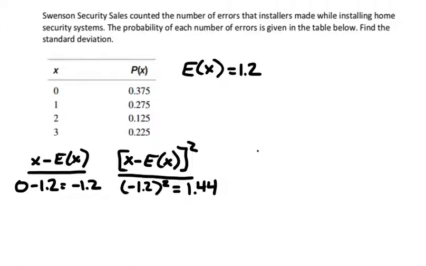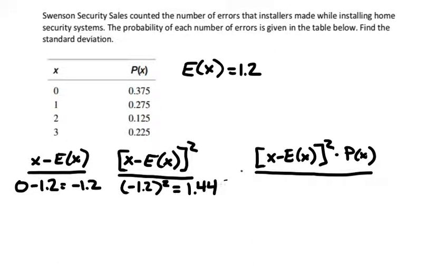Then I take this value that I just got and multiply it by the probability of that value occurring. So this is going to be 1.44 times the probability of 0, which is 0.375. And if I multiply those, I get 0.540.